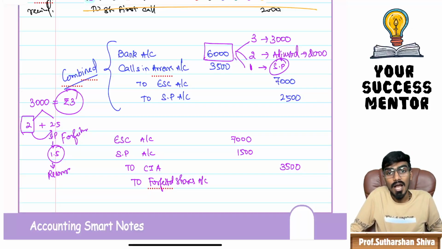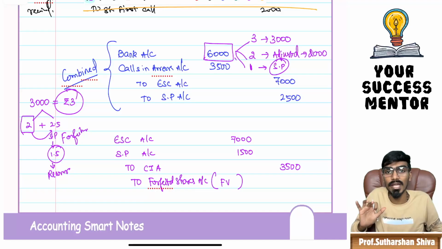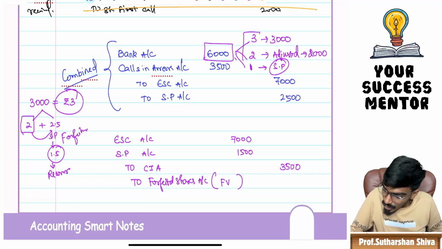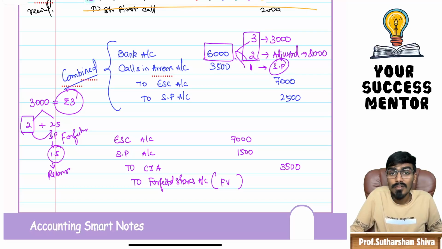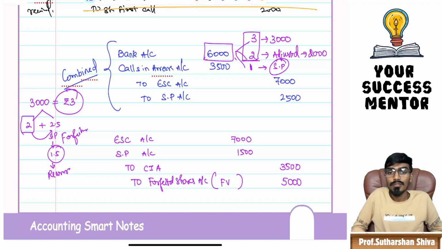Correct? So whenever you are forfeiting the shares, the shares forfeited should be inclusive of only the face value of the shares you take. How much is the face value of the shares you take? 5, not 6. 6 rupees is in excess of the premium. Correct? Yes, sir. So here you will be only writing 5,000.